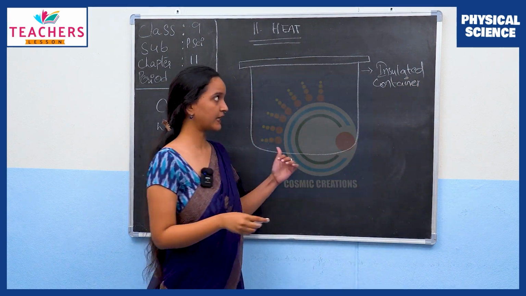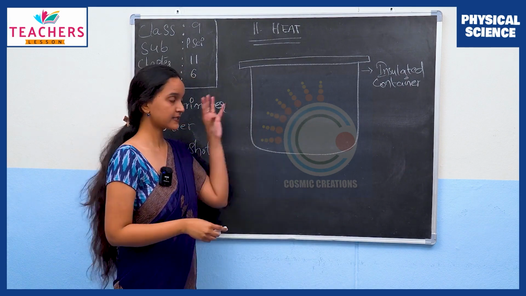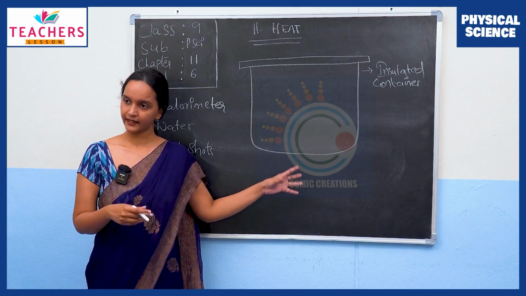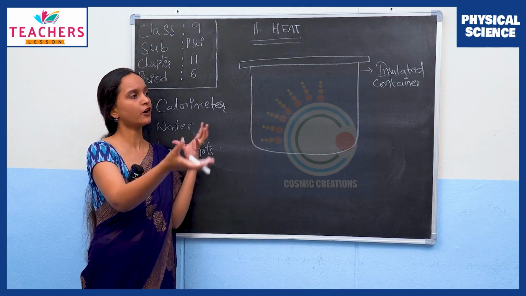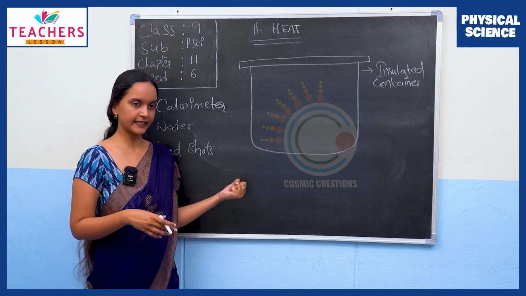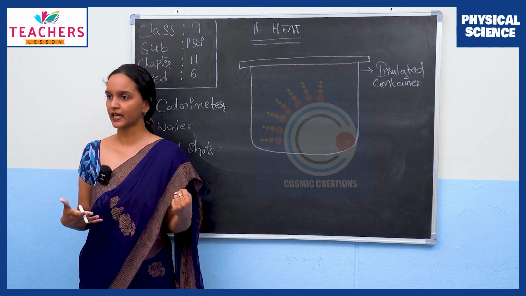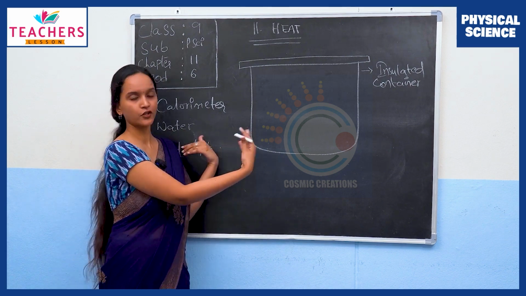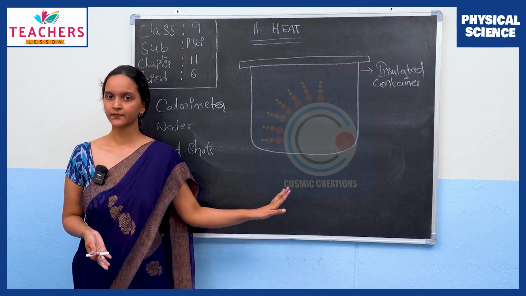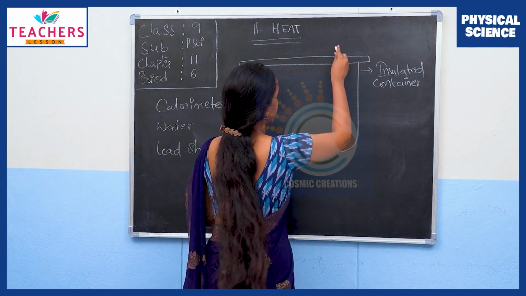What do we mean by an insulated container? This container will prevent the escape of heat energy and also prevent the flow of heat energy from the surroundings. So it will not gain heat from the surroundings, and it will prevent heat from being lost to the surroundings, so that we get accurate heat measurements.